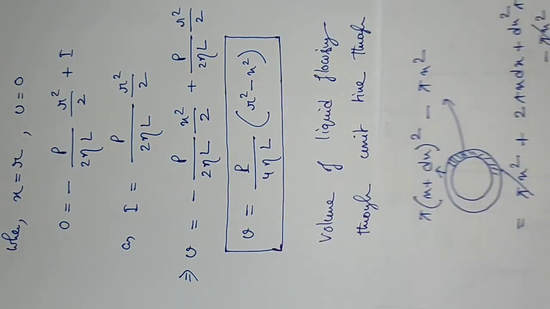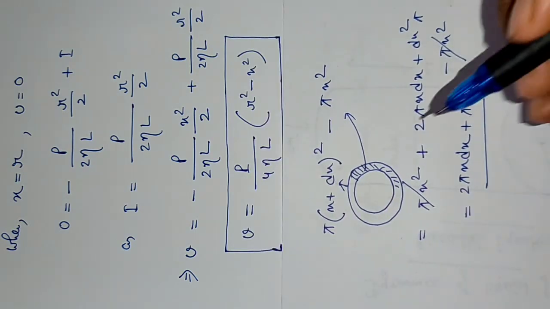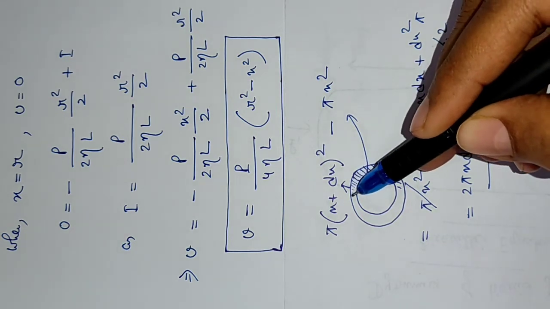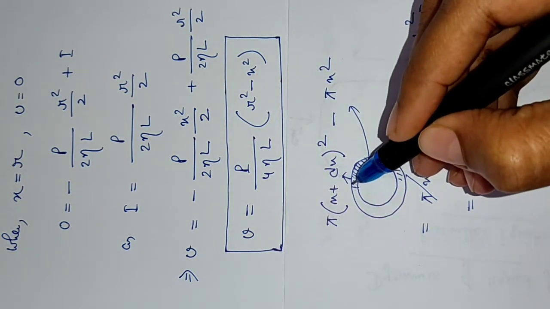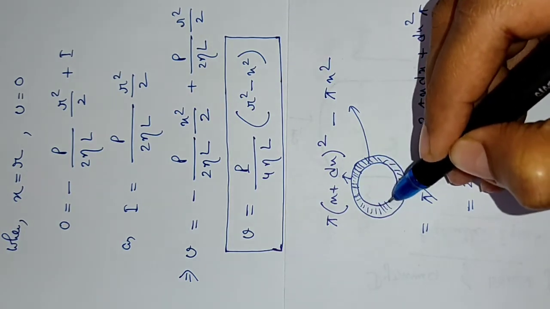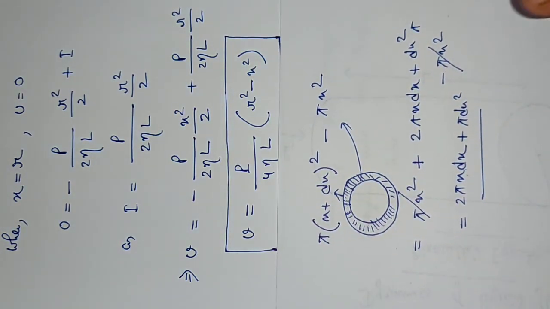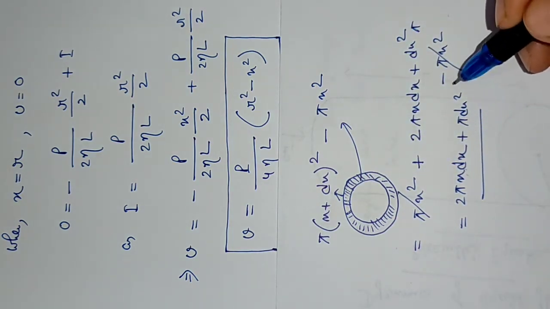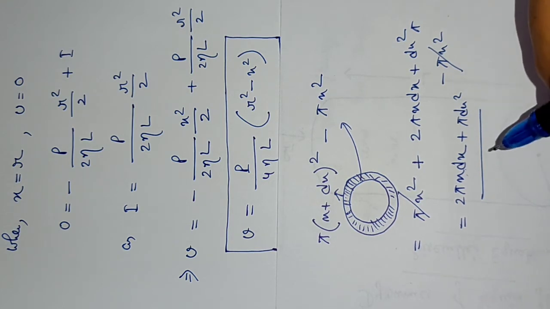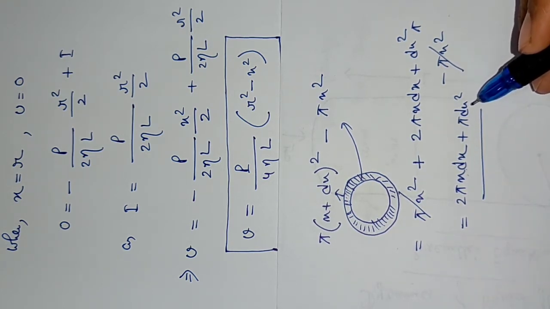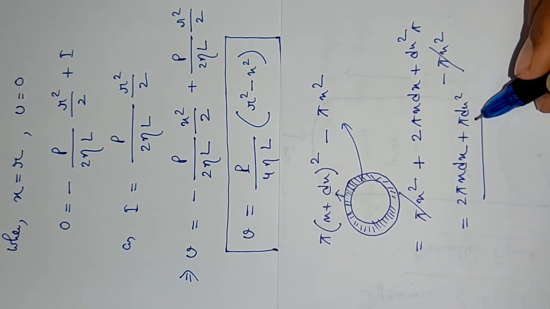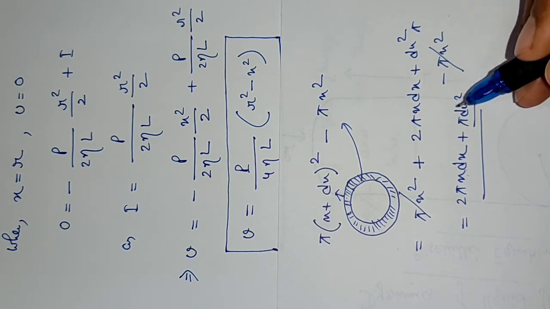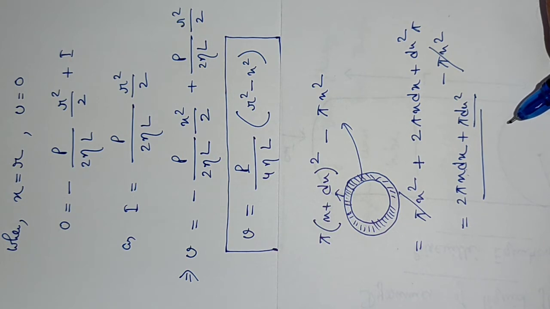So what we were predicting, that the circumference 2 pi x multiplied by dx gives us this concentric area, is actually wrong, because the difference in these two areas is 2 pi x dx plus pi dx square. Now what will happen if dx tends to 0? When dx tends to 0, we can neglect this term to a very good approximation, since the square of a very small term will be negligible.